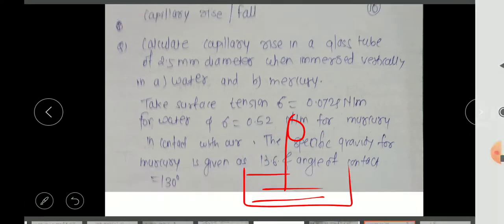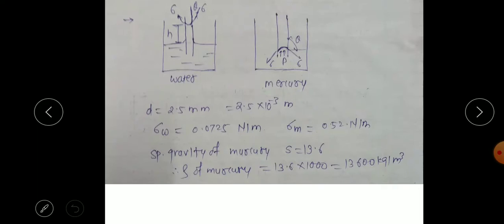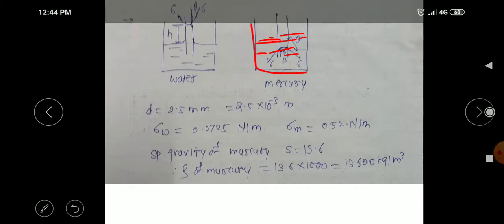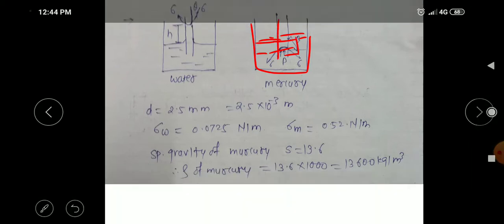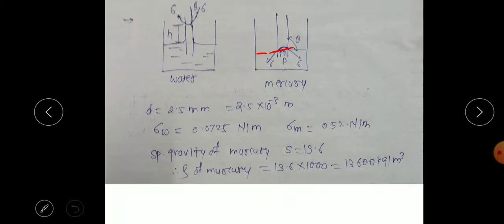In the case of mercury, the liquid level in the tube will be below the general level of the liquid in the container. When the tube is dipped into mercury, we can see here this is the level of the mercury in the tube, which will be below the level of the mercury in the container. That is a capillary fall or depression.